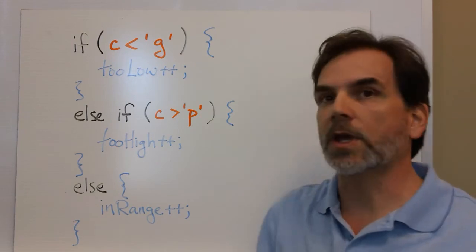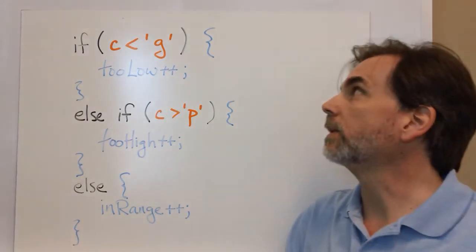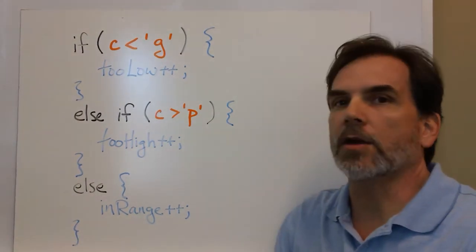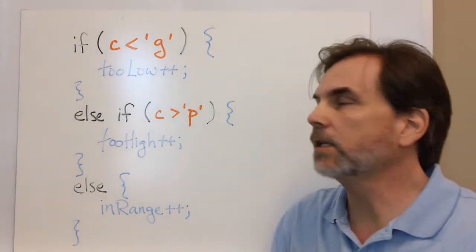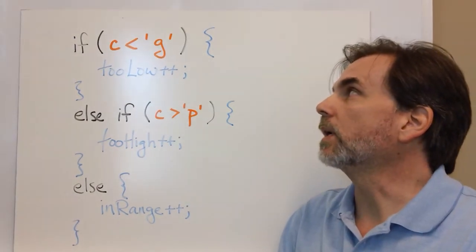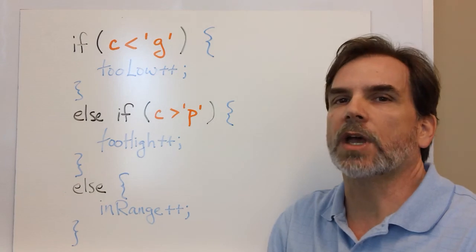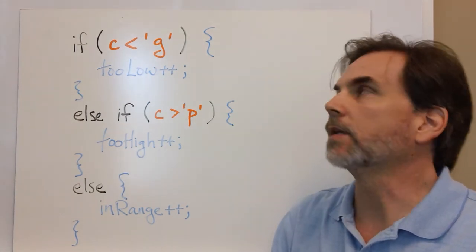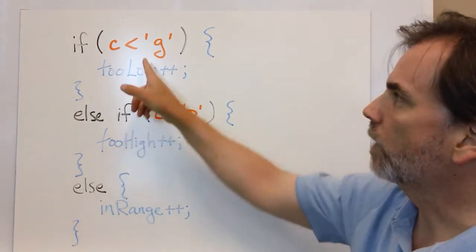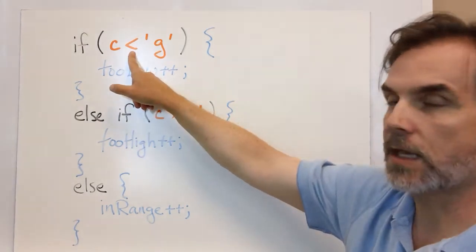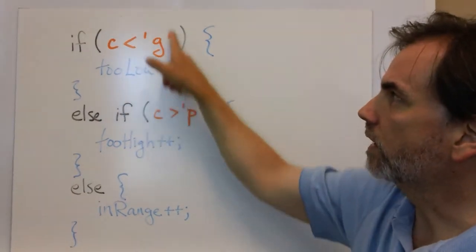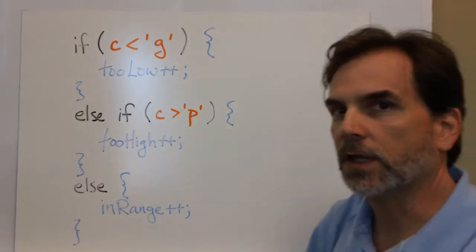Here's an example of some code that uses this construct. In this case, I'm looking at a character variable C, and I want to see whether it's within the range of lowercase g to lowercase p. So here's a case where we're using the less than operator. We're using a literal character instead of a numerical value.